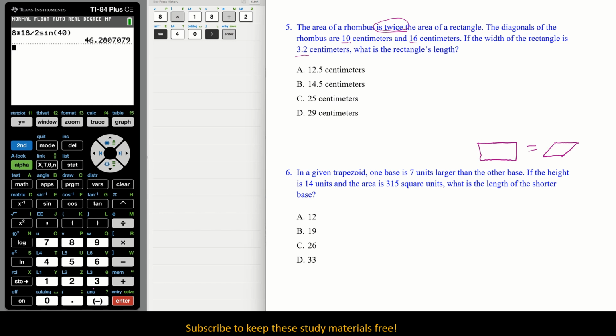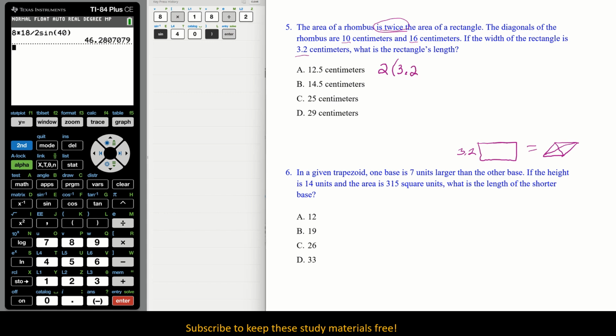Okay. Now, for a rhombus, okay, the diagonals. Okay, the diagonals of a rhombus. So we have our diagonals like this, but our width is 3.2. Okay, I see it now. All right. So what do we need to do? We need to say that the rhombus is, that area is twice the area of the rectangle. And that rectangle is 3.2, right?